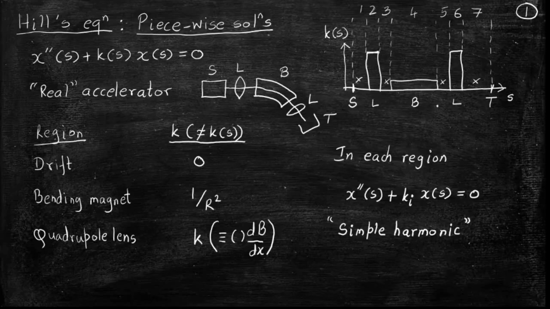But if you take a real accelerator with real components, then you realize that instead of solving Hill's equation for the whole accelerator in one go, which was our attempt last time, you can solve it separately in each region and then combine all the results. This is similar to what you have done in quantum mechanics for tunneling and square well. You just take different regions and match the boundary conditions between them so that you get the right answer. So initial conditions or boundary conditions will have to be matched, but otherwise this approach works perfectly fine.